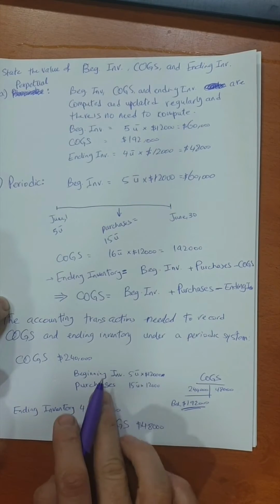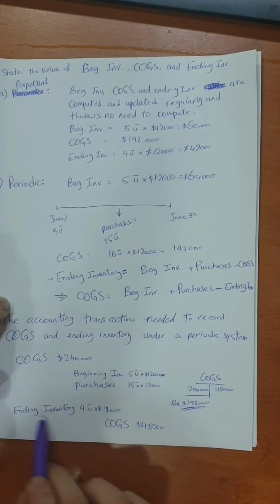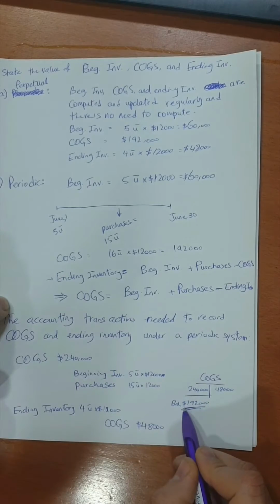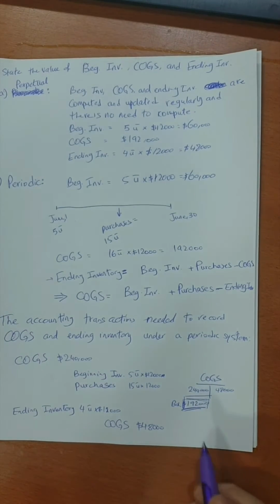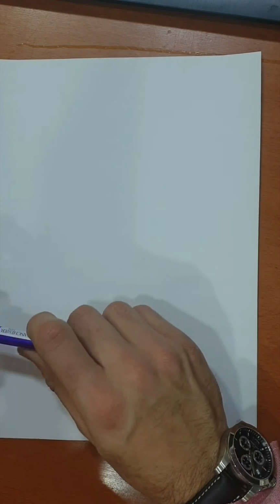So release it from the inventory, you are decreasing your assets here, and then get back what you were left with, which is the ending inventory. In this case, the cost of goods sold will have the correct number, just like the perpetual.